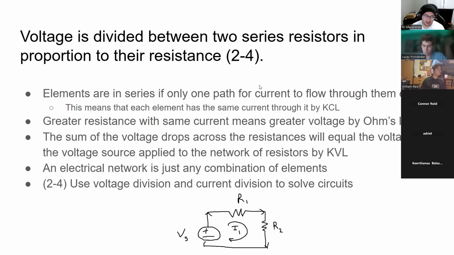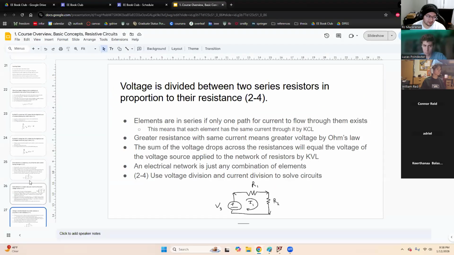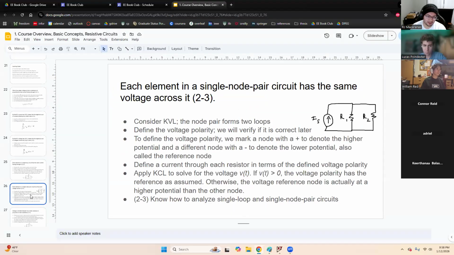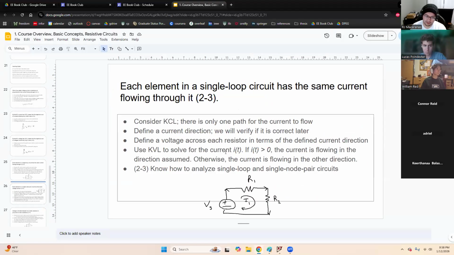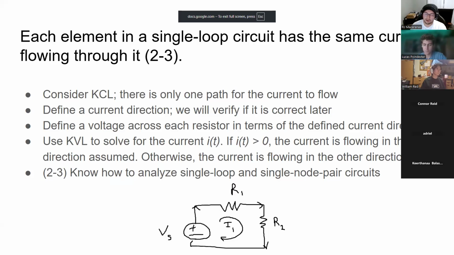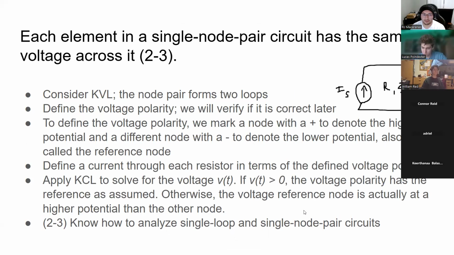The opposite is true for the single loop circuit, and I forgot to mention this. We know that all the currents are the same, so we can exploit KVL. We write KVL equations to solve the circuit for this situation.